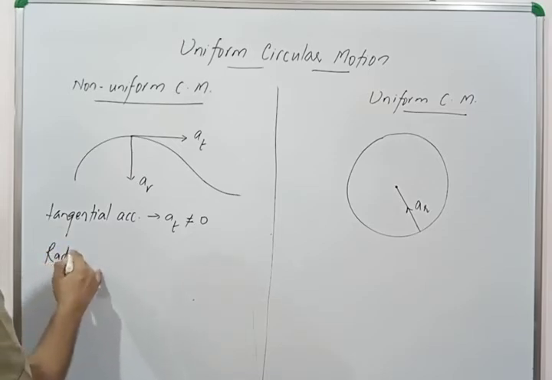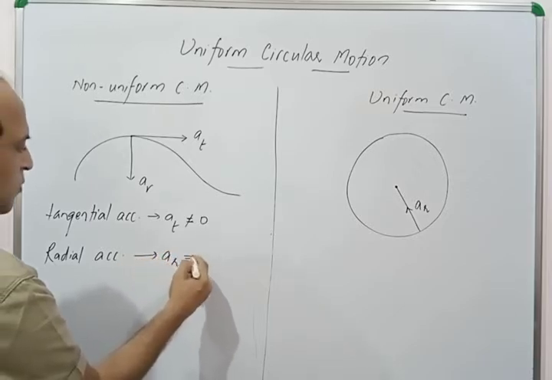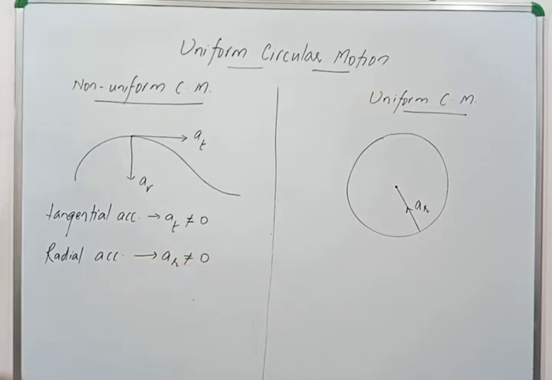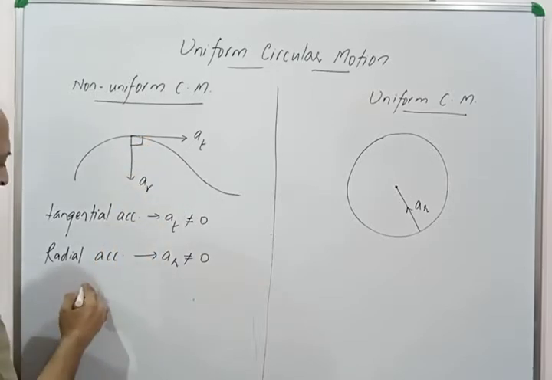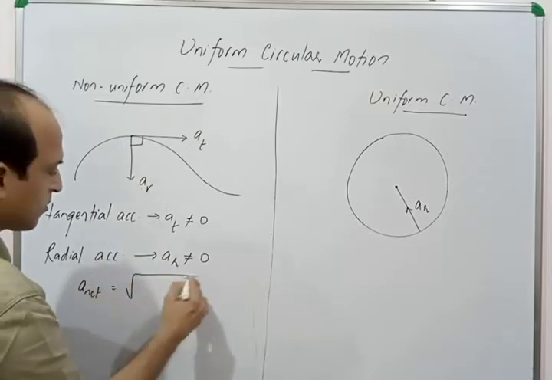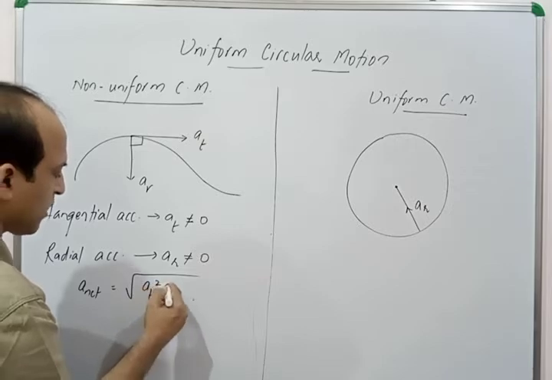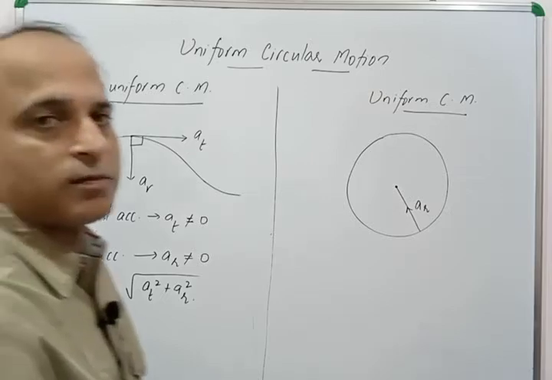And AR, that we call radial acceleration, is also non-zero, and this acceleration continuously changes the direction of motion of the body. The cumulative effect of these two is that the body is moving along a curved path. Remember, the two accelerations are always perpendicular to each other. Hence, the net acceleration possessed in case of non-uniform circular motion by the object is root AT square plus AR square.